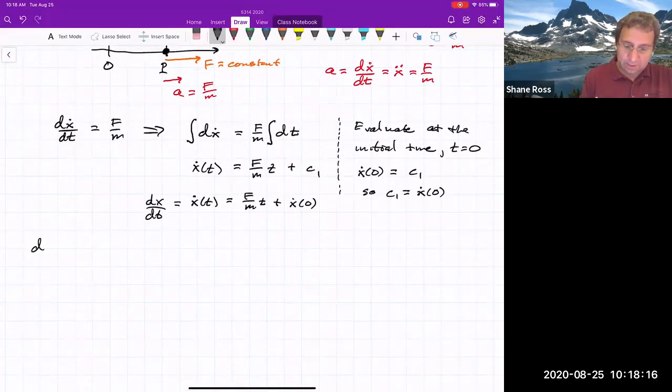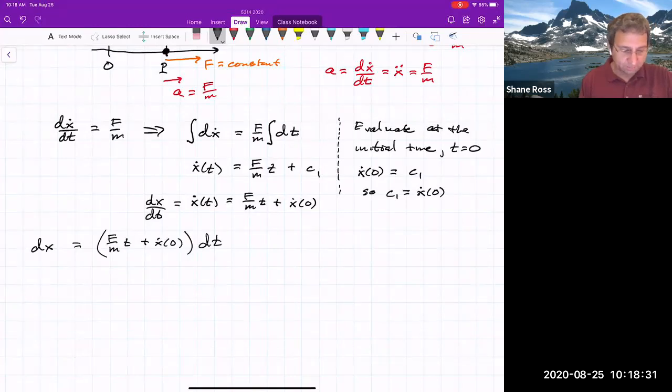So we rewrite this as an equation. dx equals F over m t plus x dot naught, the initial velocity, multiply that whole thing times dt. And now integrate.